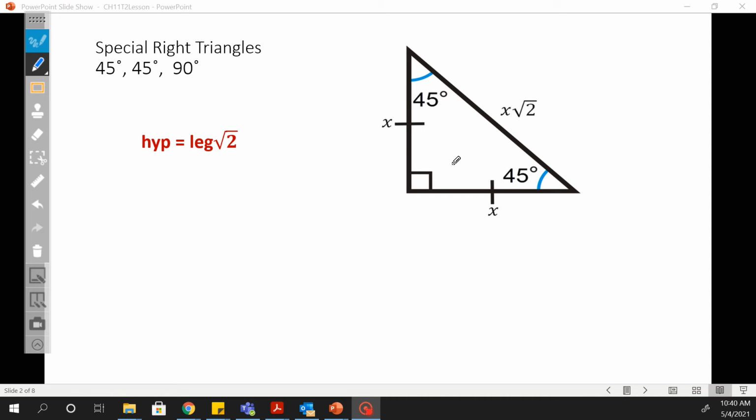The legs are both equal to each other, and the hypotenuse is equal to the leg times the square root of 2.